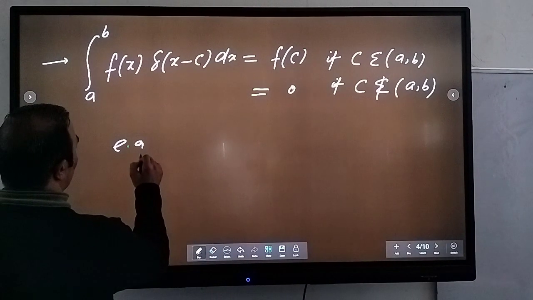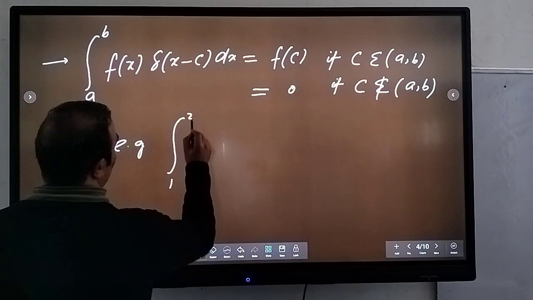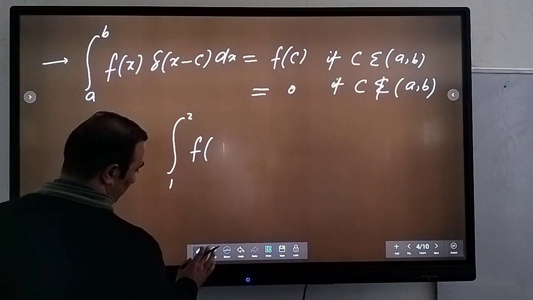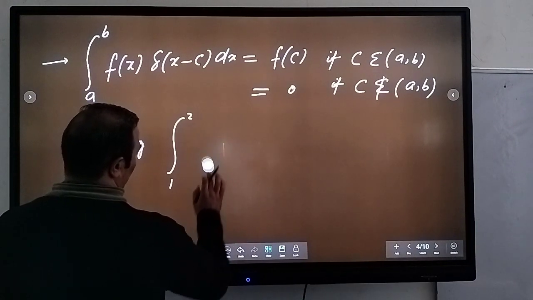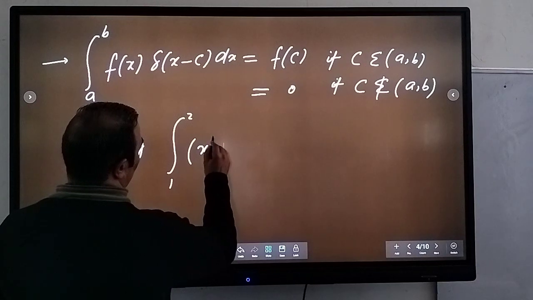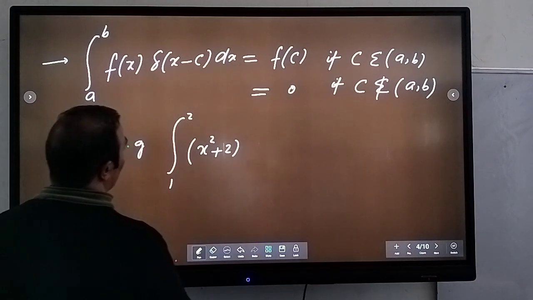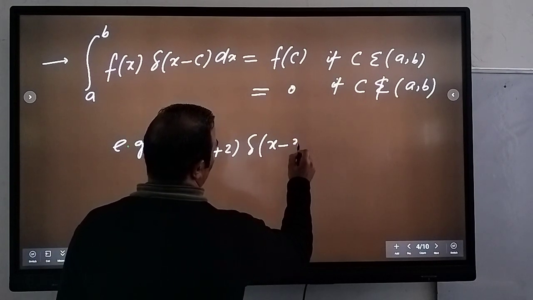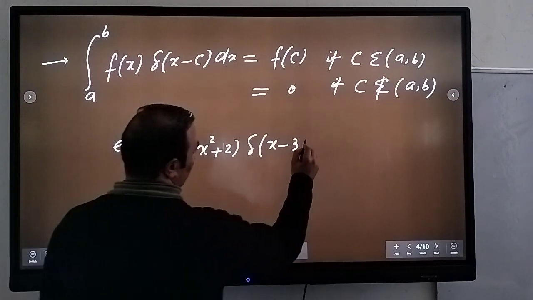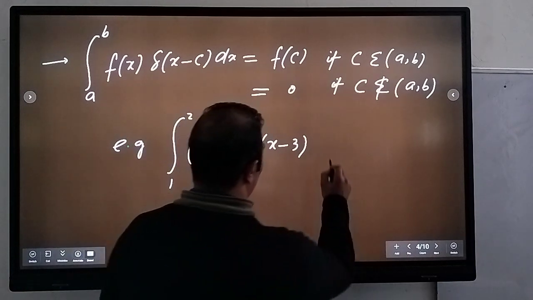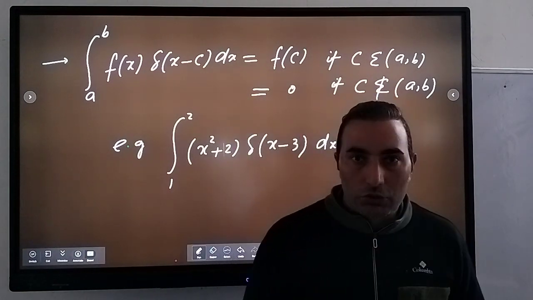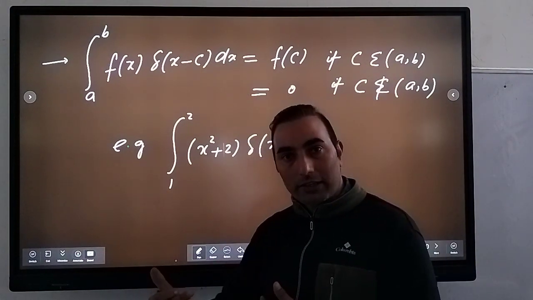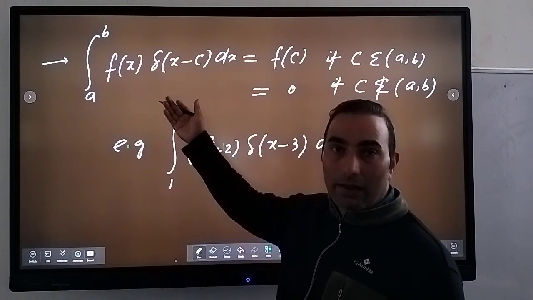Suppose we have this integral, from 1 to 2. If I have to solve this integral, first of all it should satisfy one of these conditions, then accordingly we can write the final value of this integral, right?